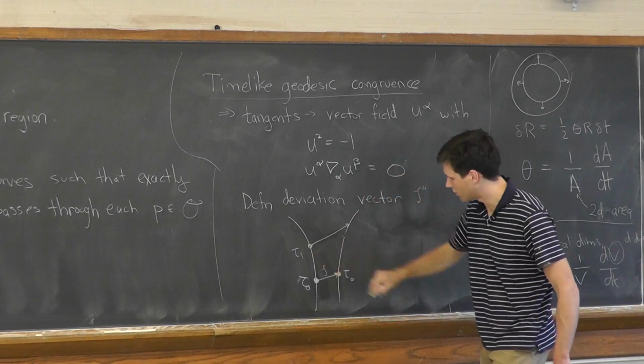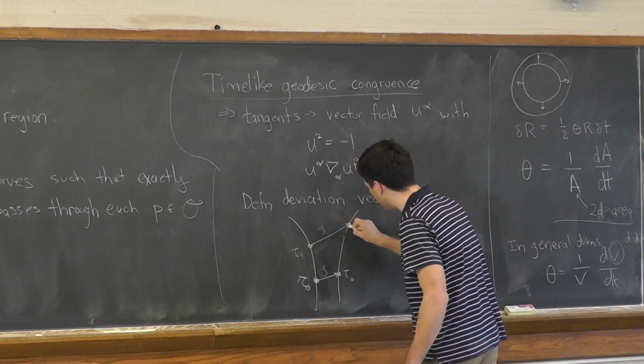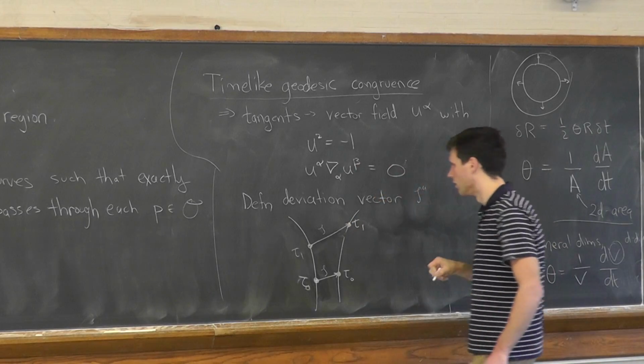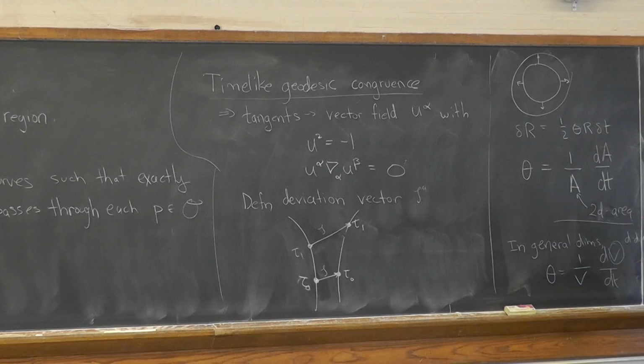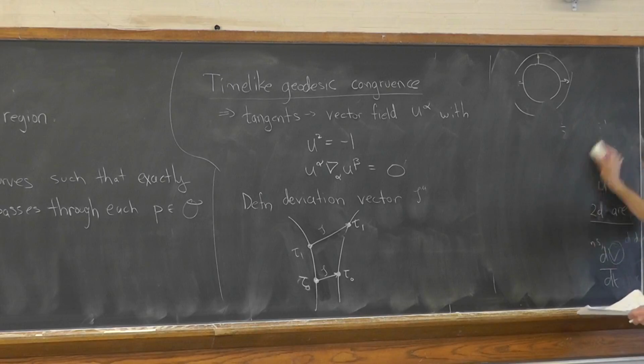Then we go to later time τ₁ and follow our vector field ζ. Then that'll take us to proper time τ₁ on the nearby curve. So that's how we want to define it.